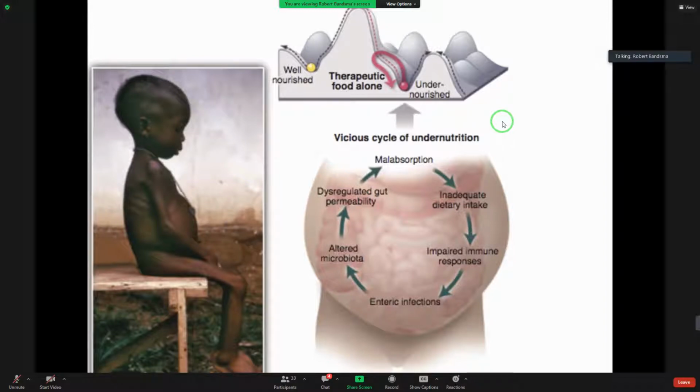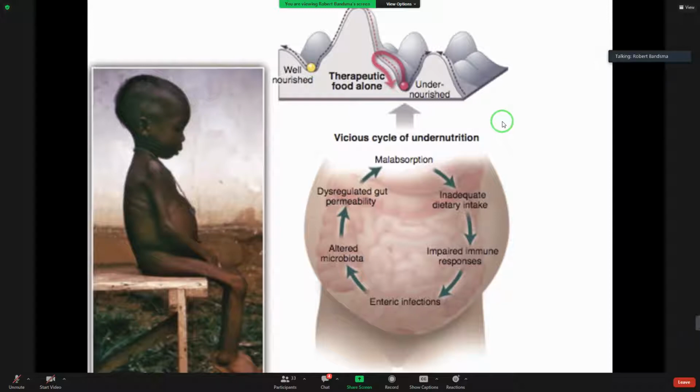So an altered microbiome is thought to affect gut health. And what's depicted here is gut permeability. So a leaky gut can lead to malabsorption of nutrients, which can then lead to inefficient and insufficient dietary intake because nutrients are lost in the stool.